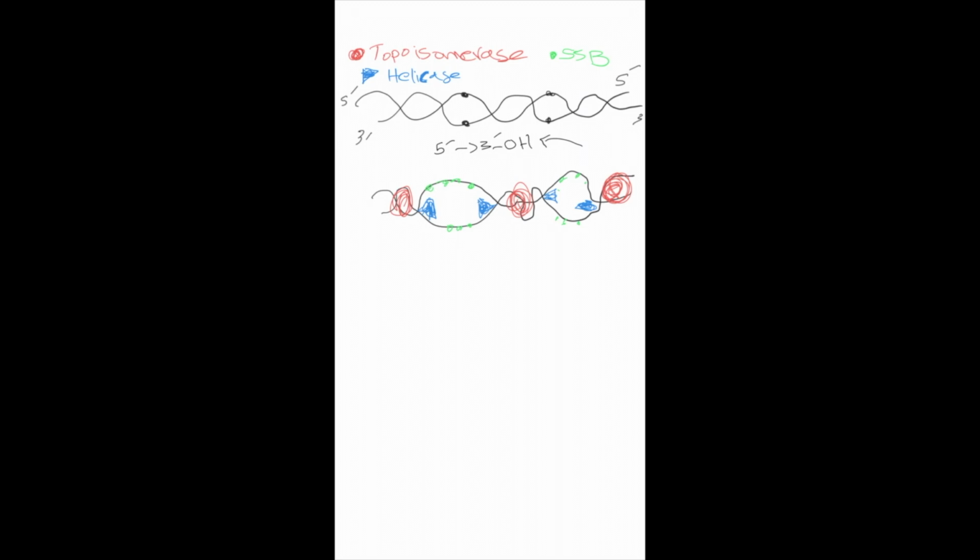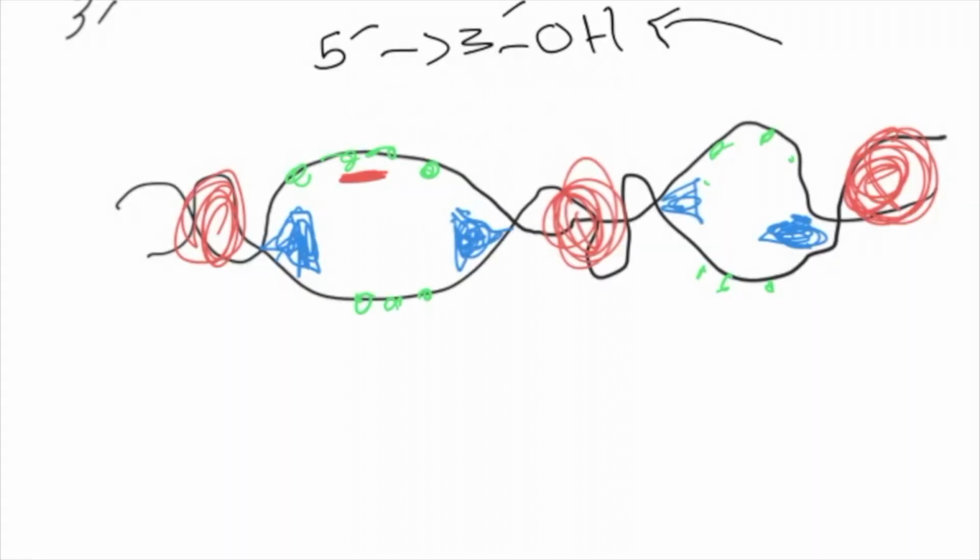I'm not going to draw it in here, just imagine that it's there. It's going to come and make short RNA fragments which have 3' hydroxyl available. So it makes 3' hydroxyl available, and this is actually an RNA sequence. So this line is an RNA primer.